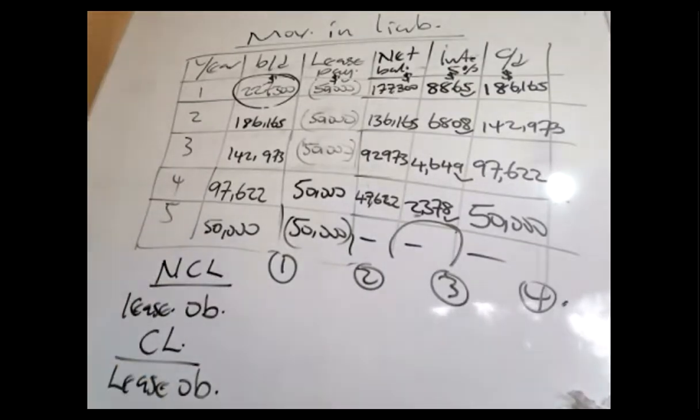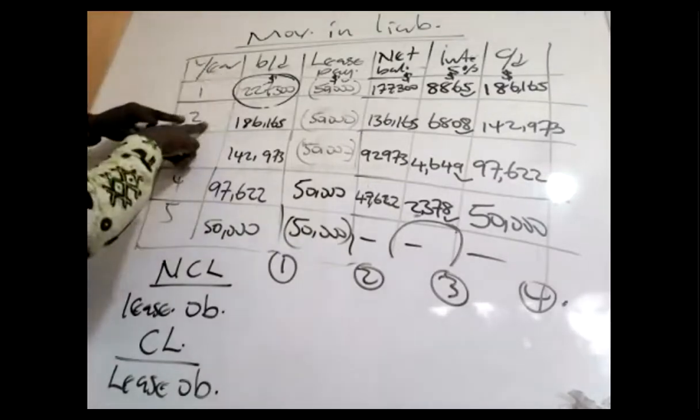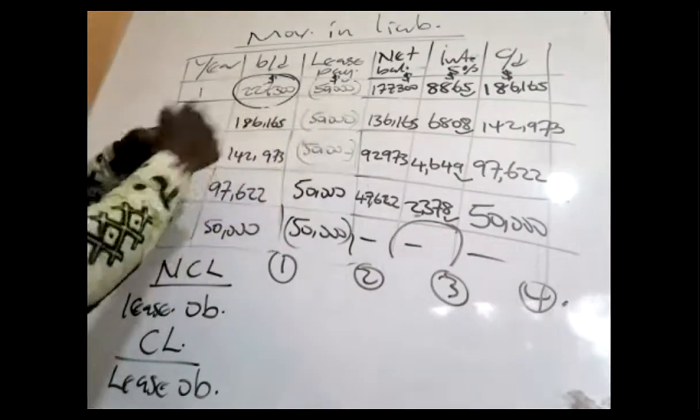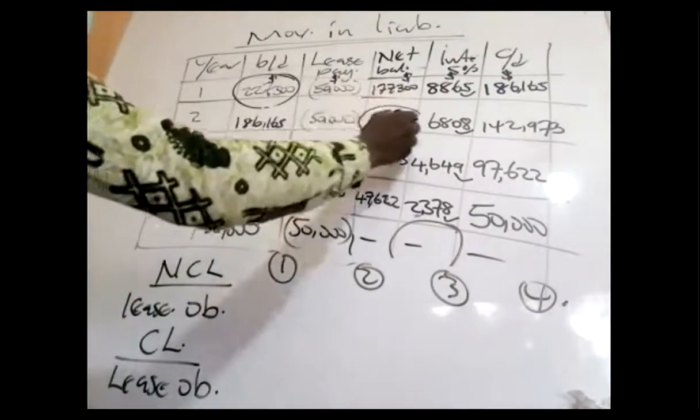To get the non-current liability, just start at year 1, go to the next year: the balance left after the last repayment. Good. Once I'm done, I'll give you a shortcut. Now I'm here, the next year is year 2. This is the opening balance. They paid 50. This is the balance. So this becomes the non-current liability.